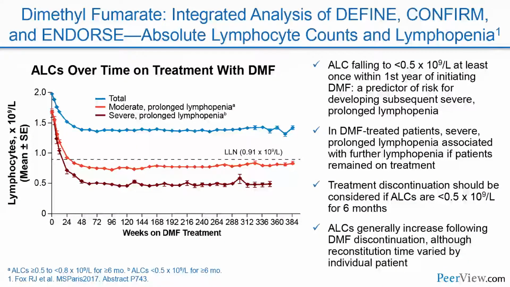Absolute lymphocyte counts followed a consistent pattern of decline within the first year and generally remained stable thereafter, regardless of category of lymphocyte decline. Low incidence of serious infections, opportunistic infections, and malignancy were observed, even when stratified by ALC or T-cell subset. Data on dimethyl fumarate from the real-world EFFECT study was also presented in Paris.